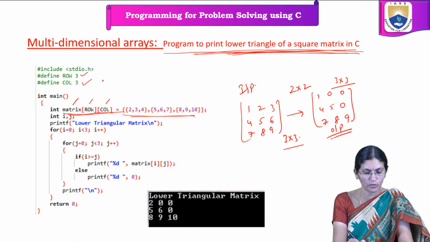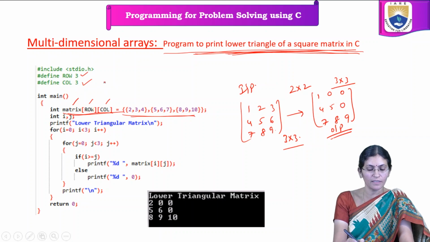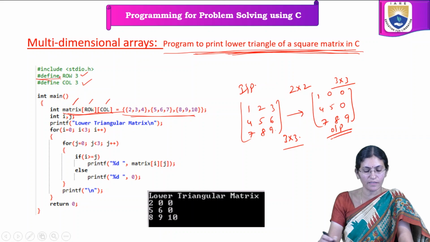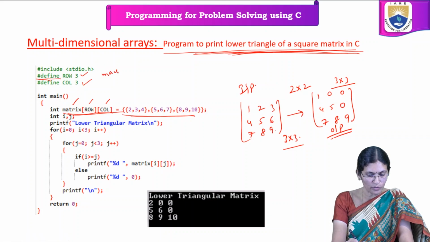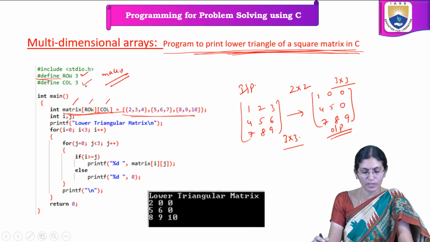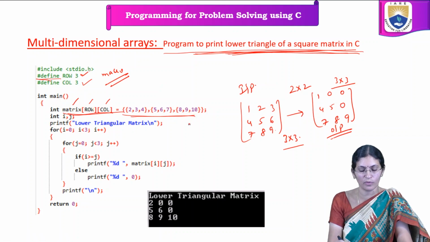This is called a preprocessor directive, or a macro. Any line that starts with hash define is a macro. By using macros, we can define the size of this array. Row size is defined as 3 and column size is defined as 3, so 3 into 3, the maximum elements which can be stored are 9.